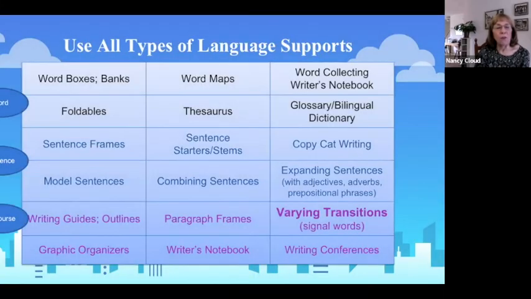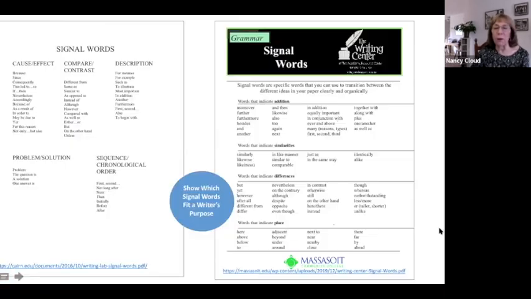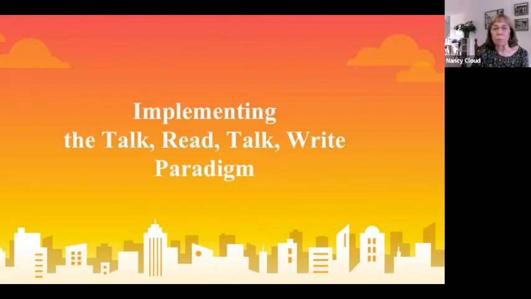So now I've shown you supports for the word level, the sentence level, and at the discourse level, we'll be showing you more of this when we get in the breakouts, but right now I just wanted to mention, we can give tools of how to use different signal words than I typically use. So if I always use first, then next, maybe I need to start using initially and not long after that. So I can offer kids other alternatives.